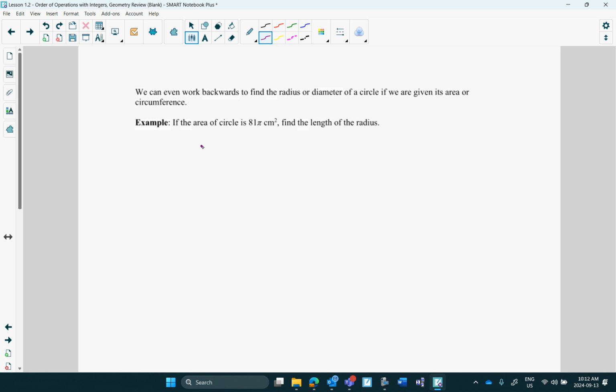What's the area formula again? Pi r squared. I'm told that the area is 81 pi.